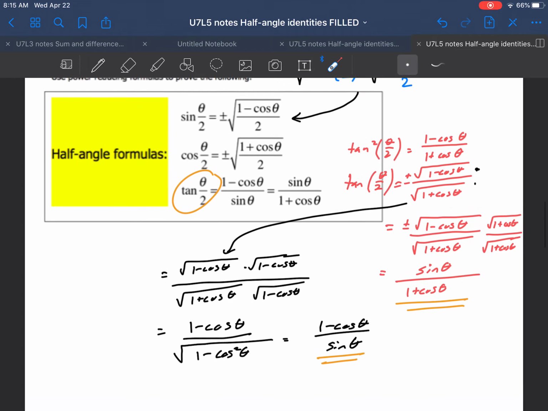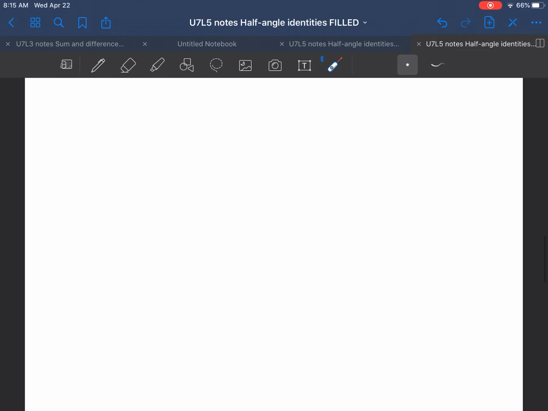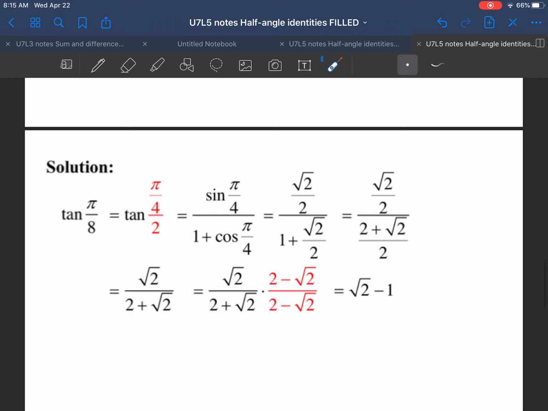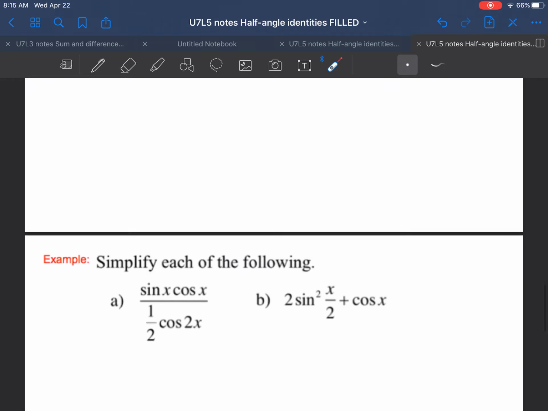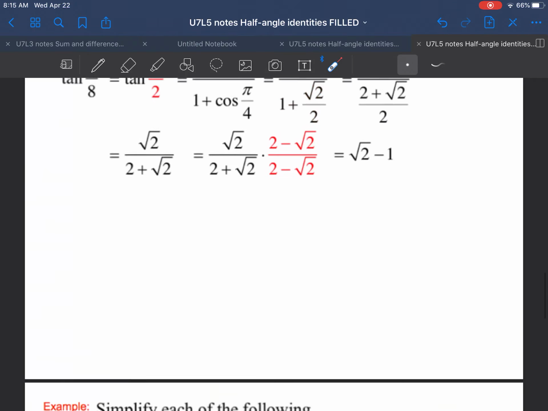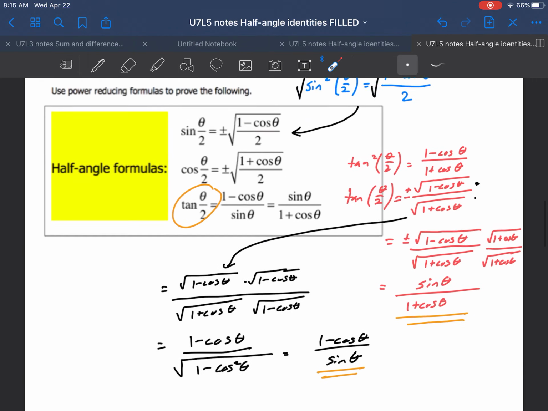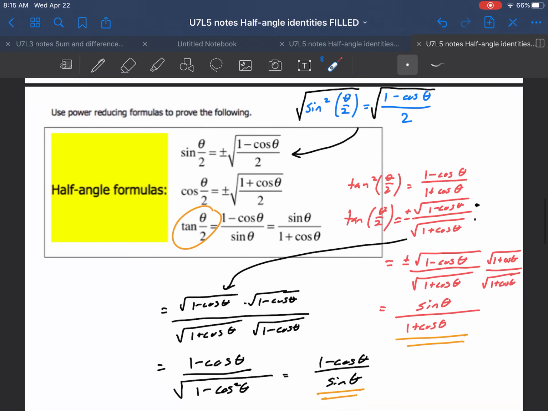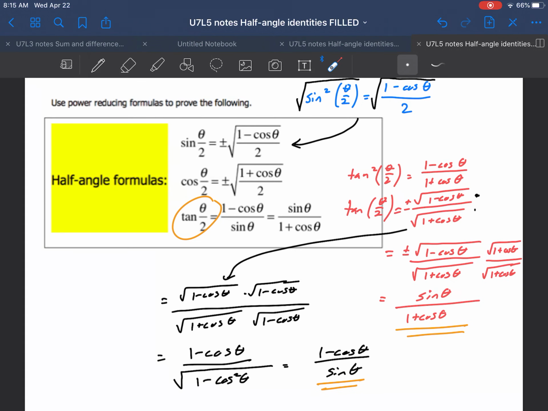So, I hope, guys, that that's enough, and that you feel comfortable with us going through this material. And again, this is pretty, pretty tricky stuff.